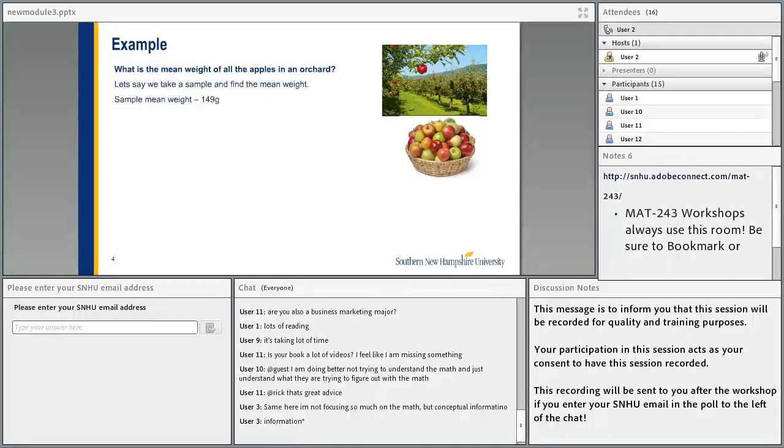Using this information, if I can do some math and predict a range of values that will have the mean of the entire population of apples in my orchard, that would be the confidence interval. And the way I will do it is I will take this mean weight, 149 grams, and then I will do some math and I'll come up with something called the margin of error.